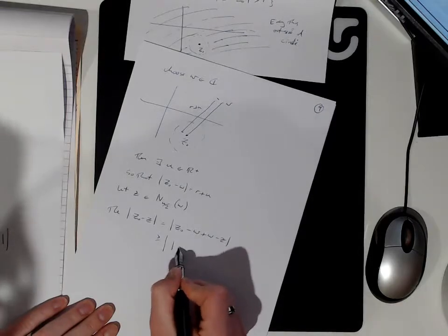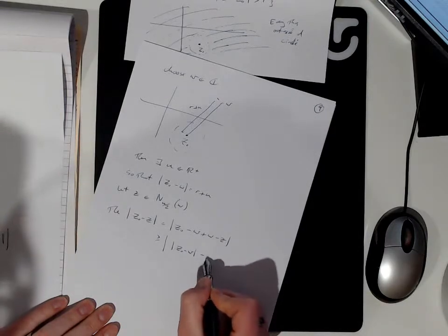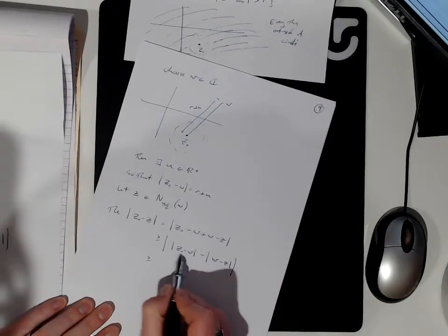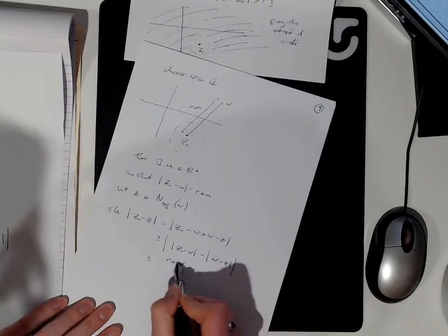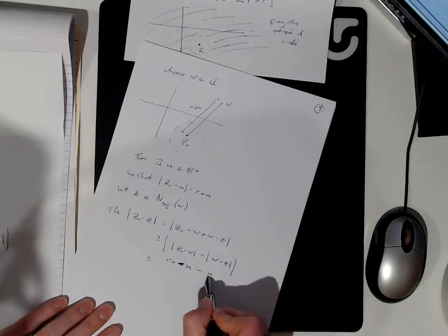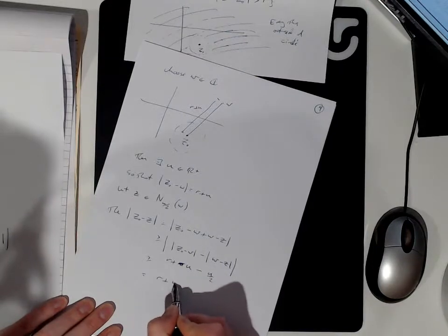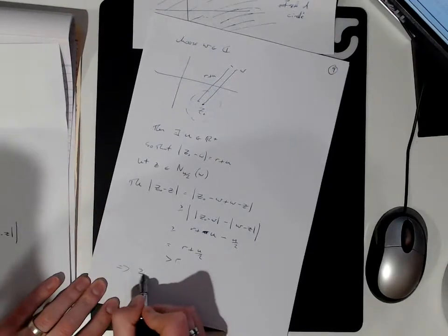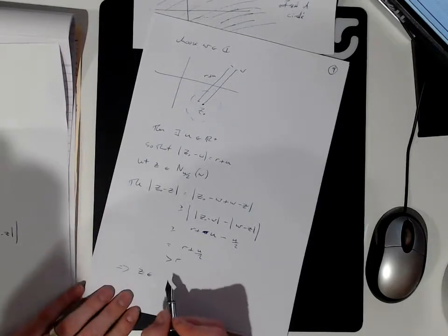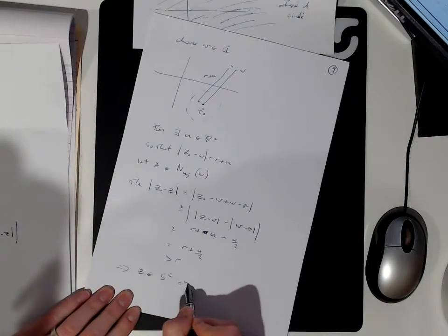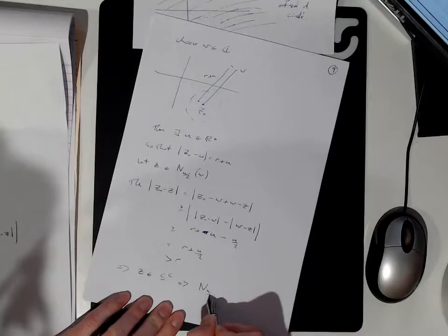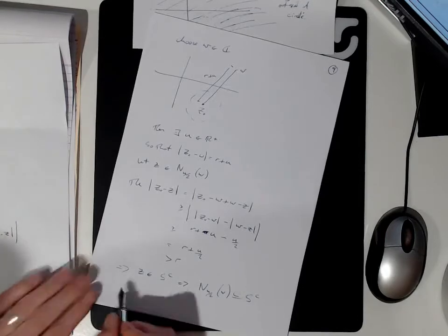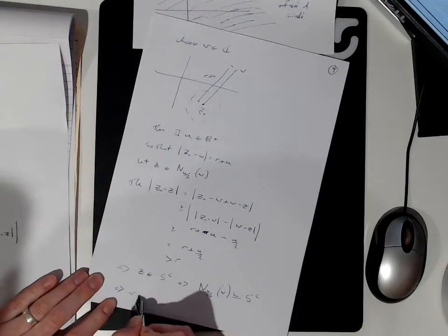It is greater than or equal to |z0 - w| minus |w - z|, which is greater than R plus u minus u over a half, which equals R plus u over a half, which is strictly greater than R. This implies that the neighborhood of radius u over a half around w is inside the complement, which implies that w is interior.